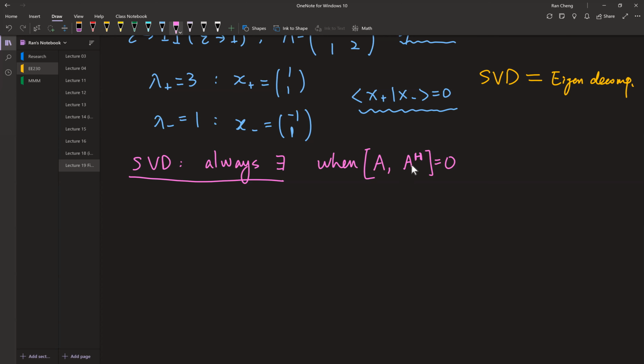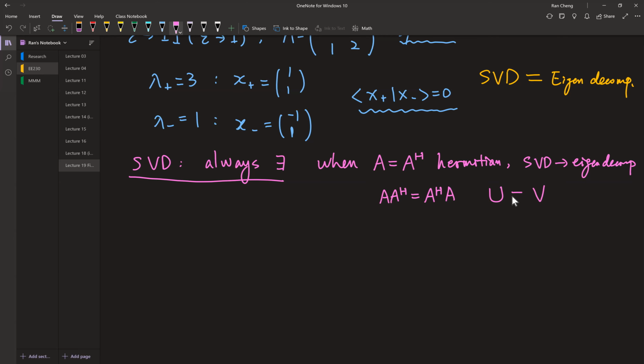No, I think this is not the same. So we still have to have Hermitian. Once A is Hermitian, or symmetric in the real case, then the SVD reduces to eigenvalue decomposition. Because in this case, A Hermitian must be the same as A Hermitian A. So when you solve for the matrices U and V, they are exactly the same. Then U sigma V becomes U lambda U dagger.